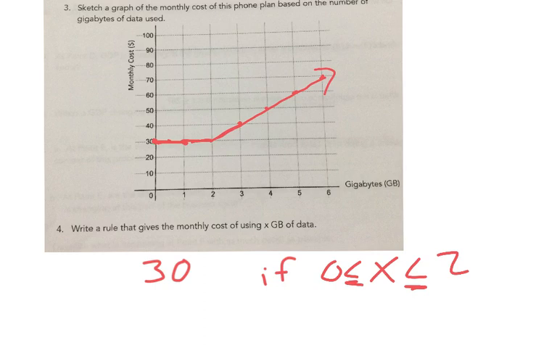The way I read these compound inequalities, I always read it from the x because it makes more sense to me. I say if x is greater than or equal to 0 and less than or equal to 2, instead of reading 0 is less than or equal to x, less than or equal to 2. That just doesn't make any sense to me in my head. So I always go from the x. Okay? So that's good.